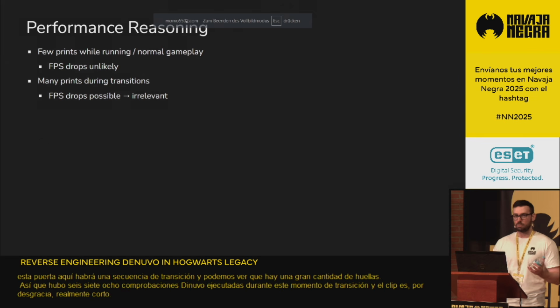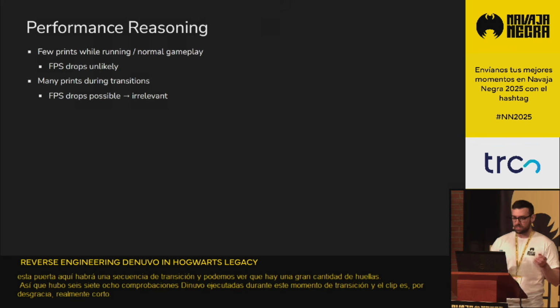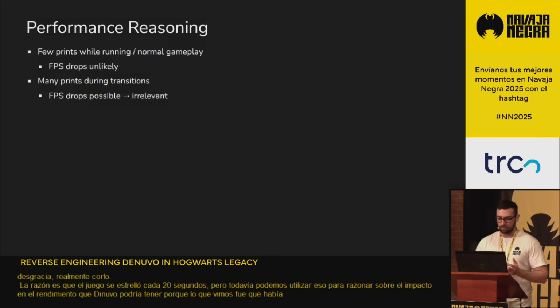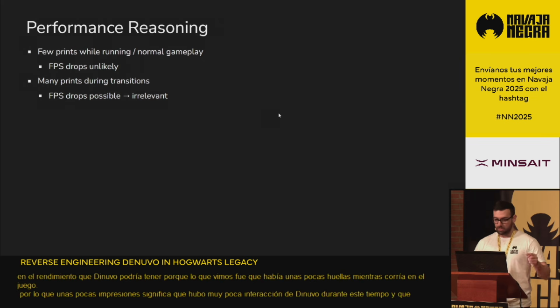Because what we saw was there were a few prints while running in the game. So a few prints means that there was very little interaction from Denuvo during this time, and that in turn means that frame drops are unlikely. Doesn't mean that there were none, but the chance of there being a frame drop is pretty much 0. There were many prints during this transition sequence.